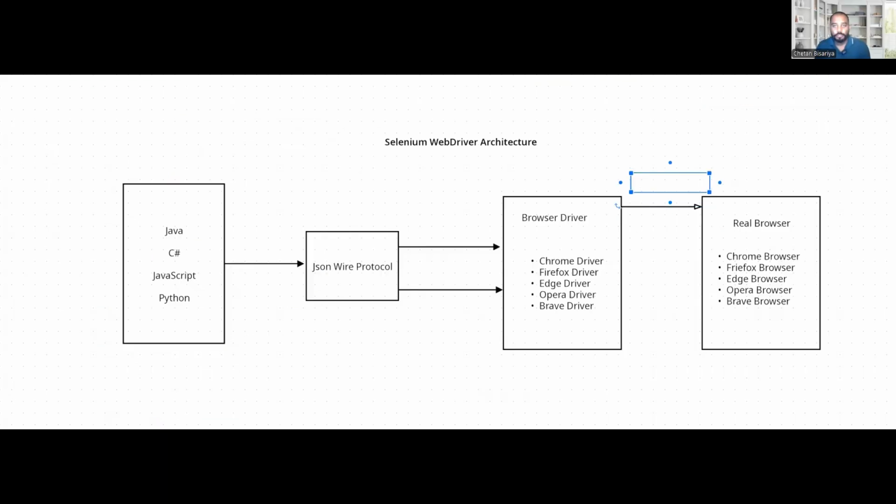The whole communication goes over HTTP. Whether it's the driver communicating to the real browser, like the Chrome driver communicating to the Chrome browser, or the Chrome browser returning any message to the driver, for example when you send keys, use assertions, or use the get methods to get the name of the window handle, the browser returns those values.